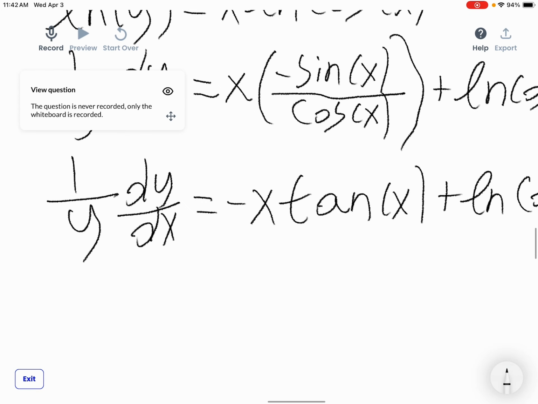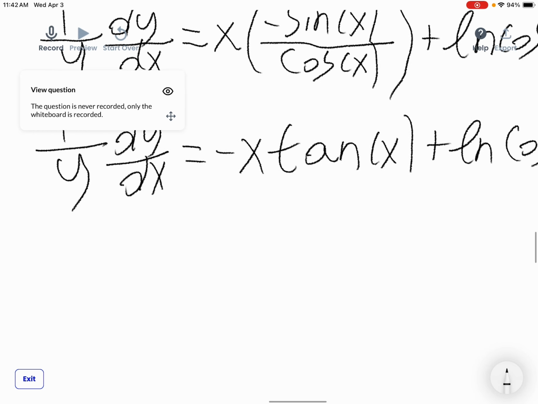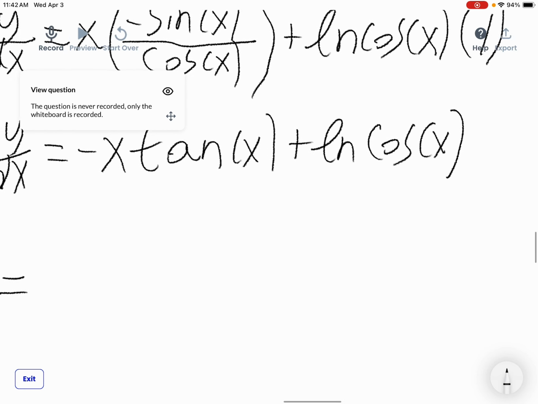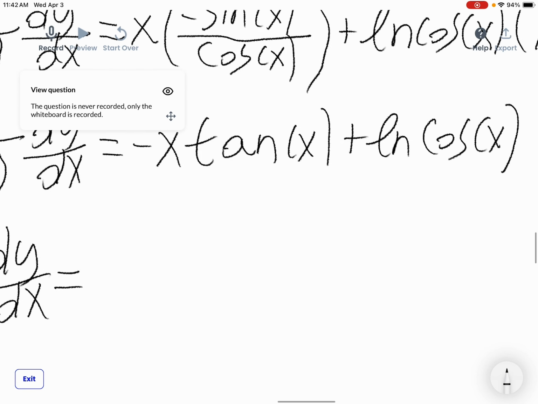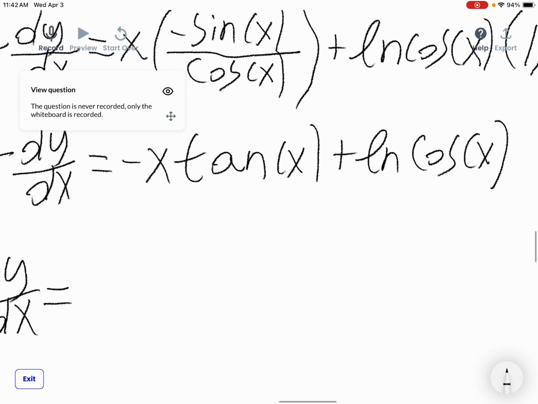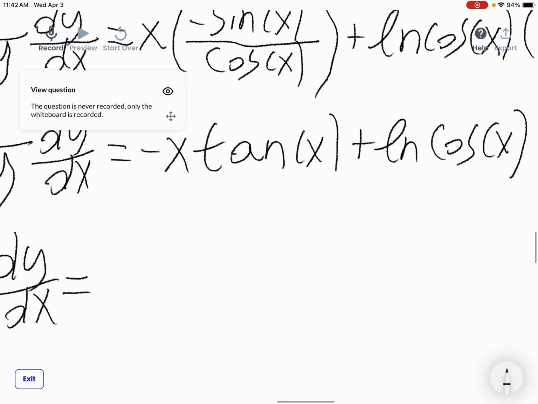To solve for dy dx, all we have to do is multiply both sides by y. On the left, 1 over y times y cancels and becomes 1, and we get that dy dx is going to be equal to y times everything here. So the y distributes.